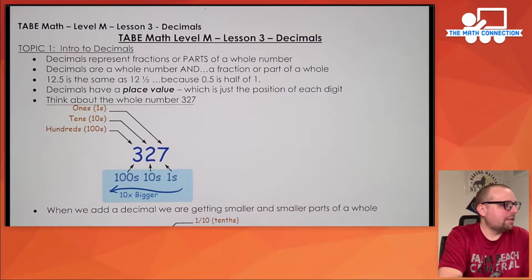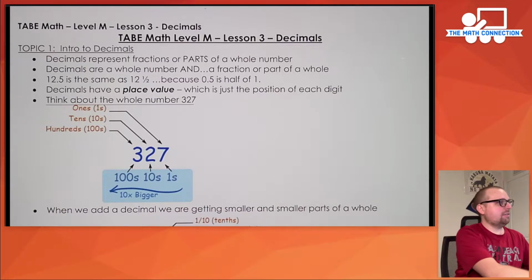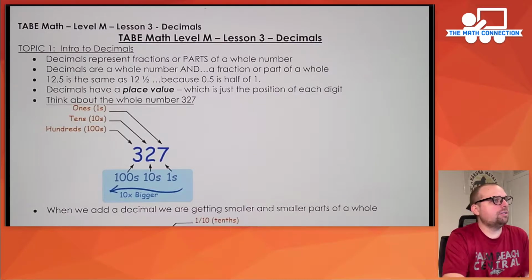I think after this, I'm going to double check this real quick. I'm pretty sure after this we have one or two more things in level M, and then we're going to move on to the next level, which is the A level. One second, I'm just double checking my list here. Yeah, decimals.